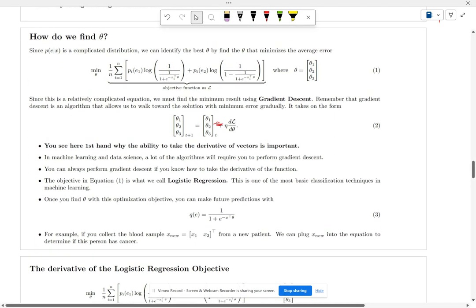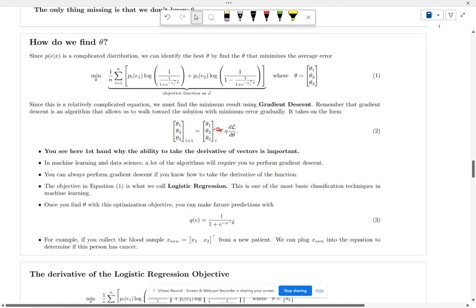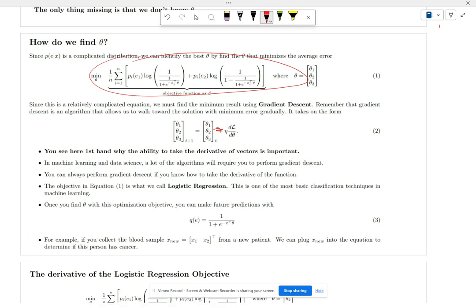This is why I really emphasized you knowing how to take the derivative of sigmoids early on. If you paid attention back then, you will now see that this is just another iteration where we have an objective and we're trying to minimize it. Once we minimize it, we can essentially make predictions.